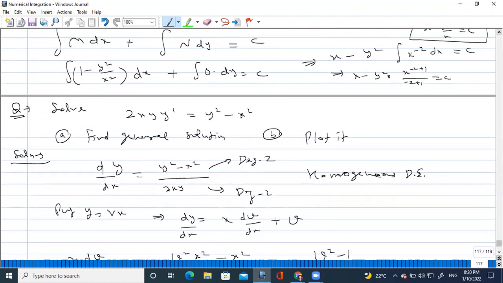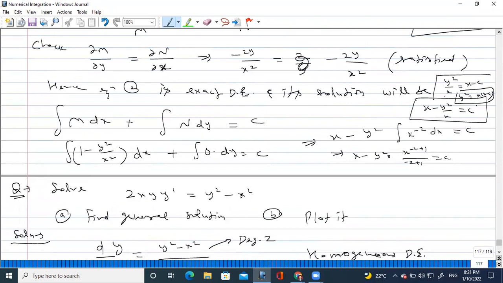Previous, this one, what you get? x plus y squared by x equal to c. Actually, x power minus 1 by minus 1, that will be minus 1 by x only, sir. This is x square minus y square into x to the power minus 1. Yes, yes, it is okay.